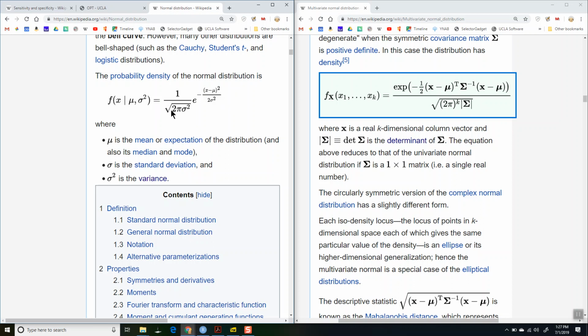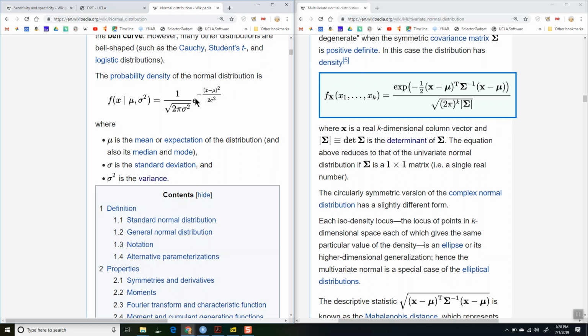So if you look at this, we've got 2 pi sigma squared, and here we've got 2 pi raised to the k, okay? K is how many variables we have, and then instead of sigma squared, we have the determinant of sigma. The sigma is the variance-covariance matrix, okay? If you only had one variable, then this is just a 1-by-1 scalar, but now that you have multiple variables, it's a matrix.